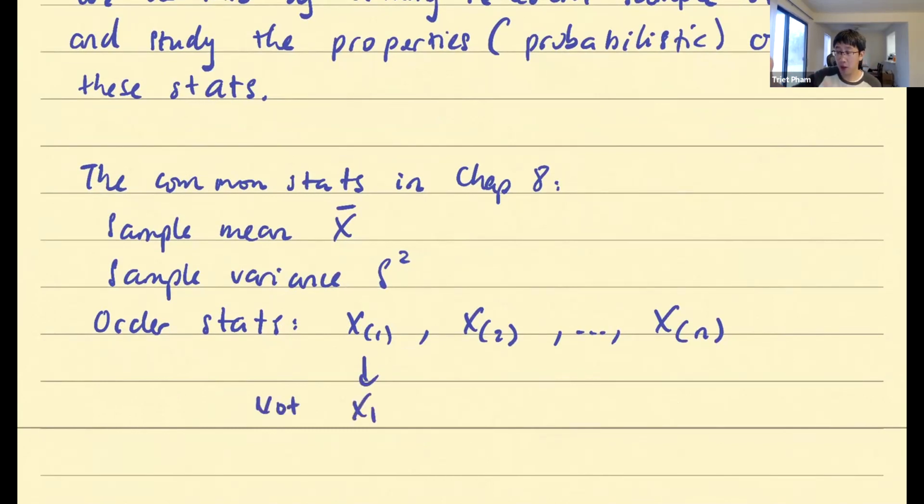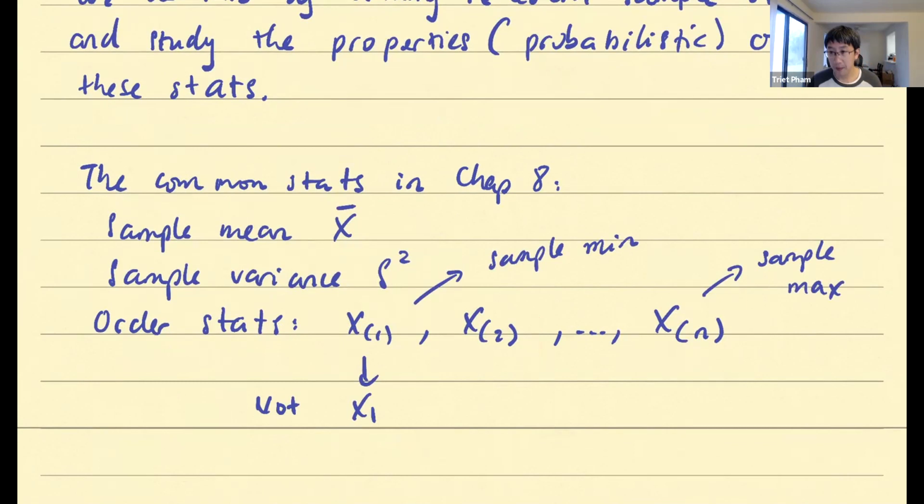These are the values after you reorder them, from the smallest to the largest. So this is basically the sample min, and this is the sample max, and somewhere in between there's a sample median.